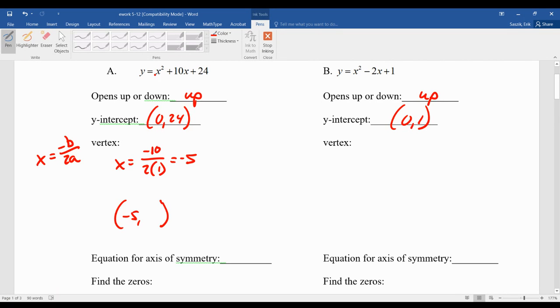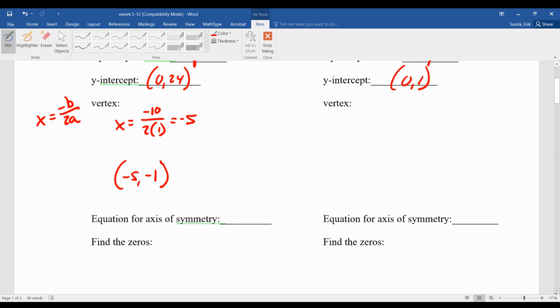So I have 25 minus 50 plus 24, which is negative 1. So that's the vertex of my parabola.